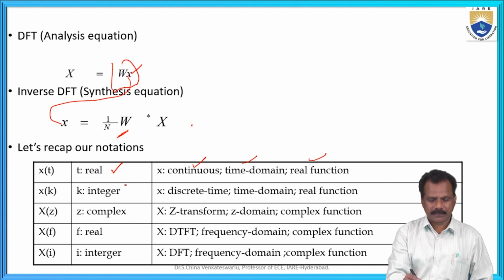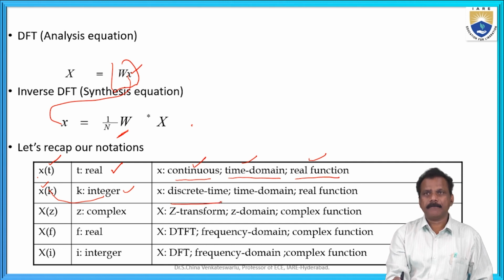Similarly, x of k, where k is an integer, is a discrete time domain real function. Next, X of z, where z is complex, is in the z domain, the z transform, a complex function.